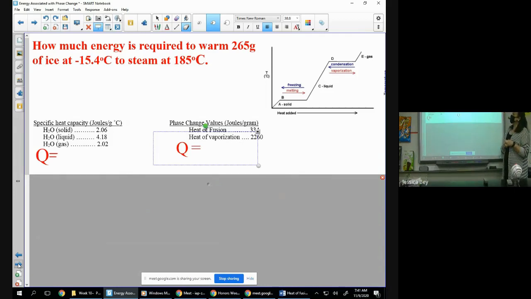So in your notes, I would write: how much energy is required to warm 265 grams of ice at -15 degrees to steam at 185 degrees Celsius. You'll have an example of this in your notes.